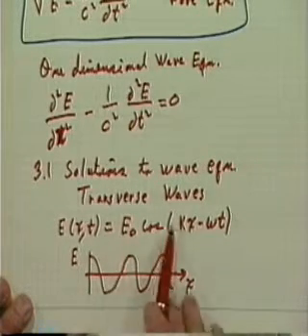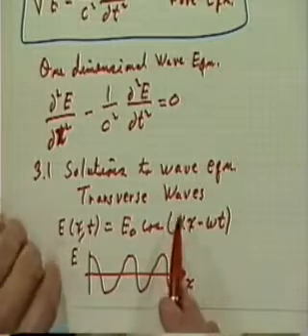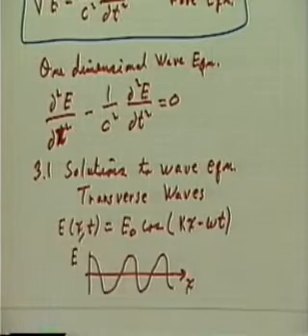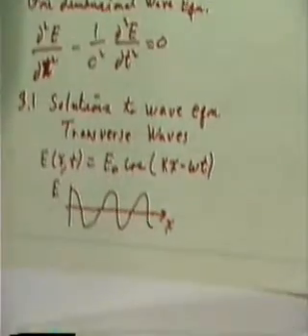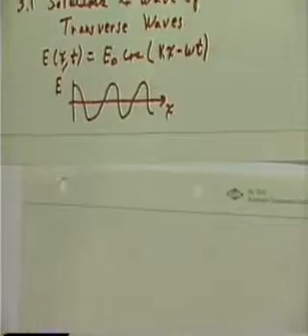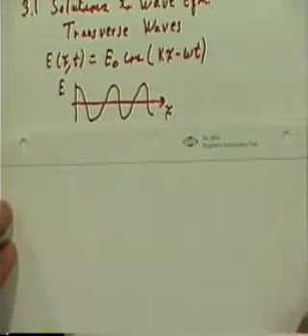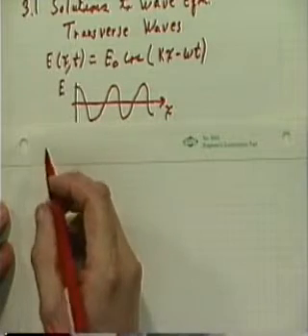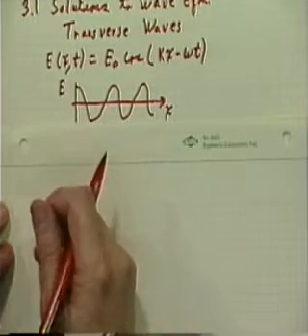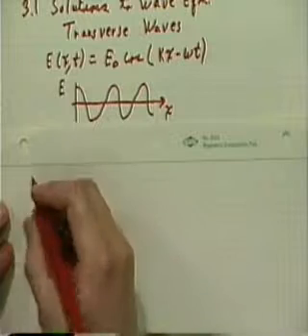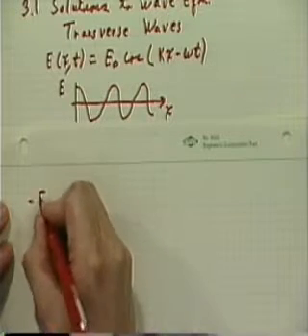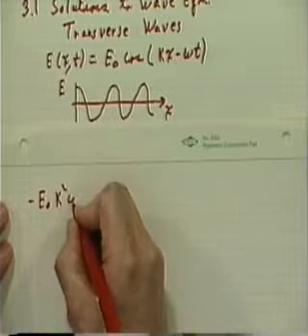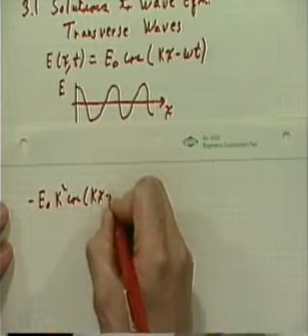Now, if we want to determine if that's a solution or not, what we're going to do is take this and plug it in to our one-dimensional wave equation and see what happens. Let's move that up to the top here. And so if we plug that in to our wave equation, I have to take a second derivative with respect to x, and so I'm going to get a minus E naught k squared cosine kx minus omega t.